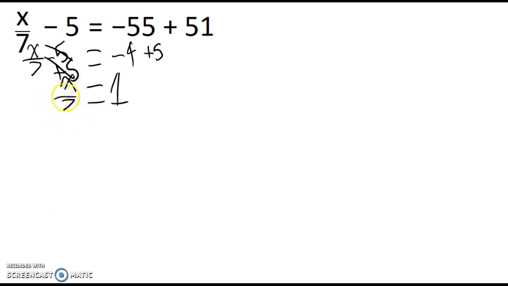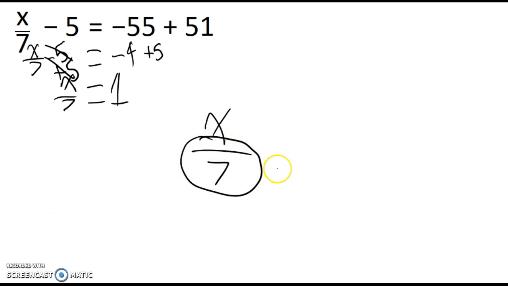Right? But a fraction is basically division. So this is like 2 divided by 7. So to take away the 7, we have to multiply by 7, because this is dividing by 7.